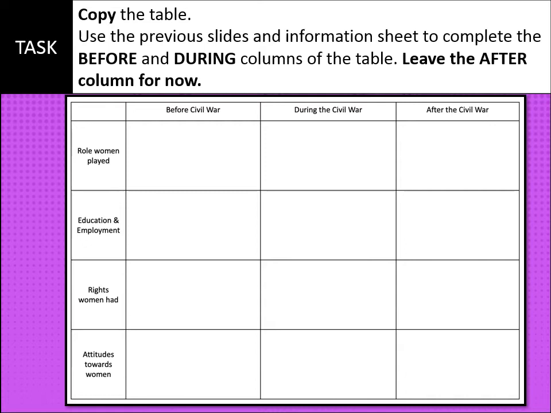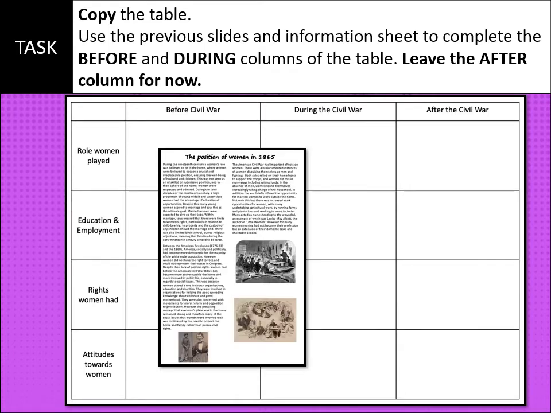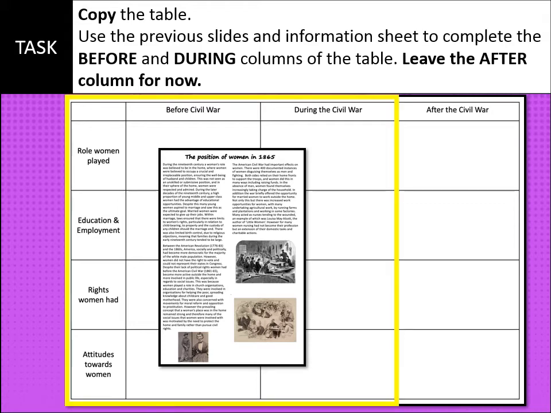Now I'd like you to use the previous slides and the information sheet, and particularly that first page of the information sheet, to complete two of the columns of the table, the before and during columns. Okay, so in other words, before the war and during the war.